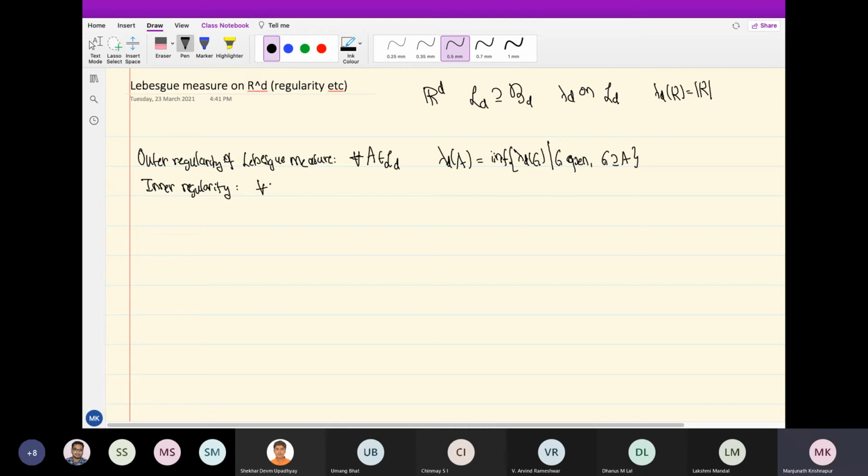It says that for any Lebesgue measurable set, there exists, to write it similarly as before, lambda d of A. You can approximate it from inside by compact sets. So it is the supremum of measures of compact sets K, sorry, not containing, but contained in.